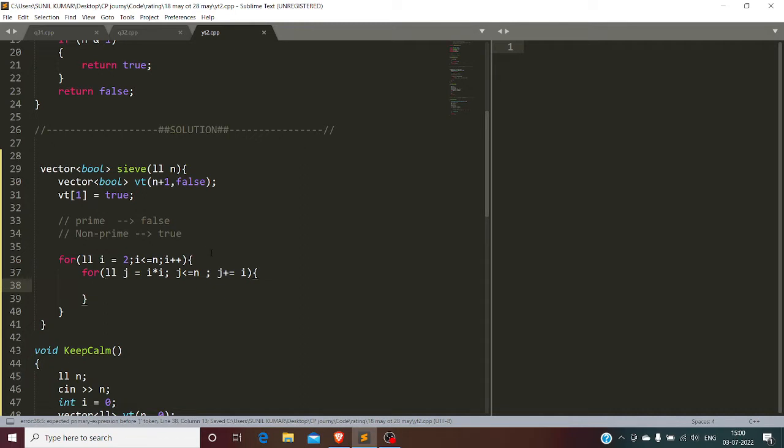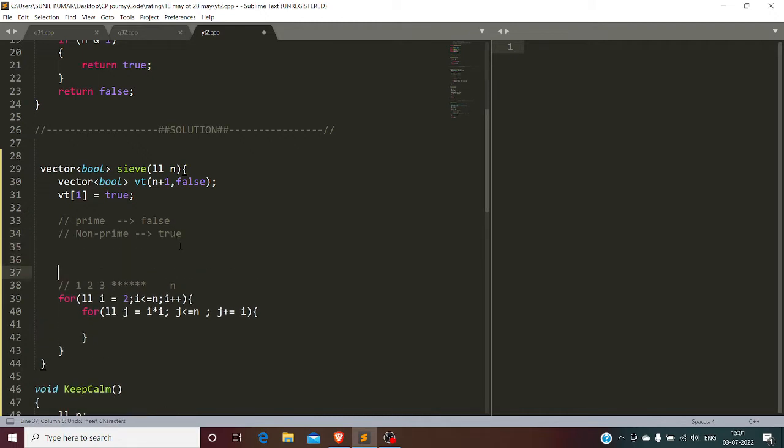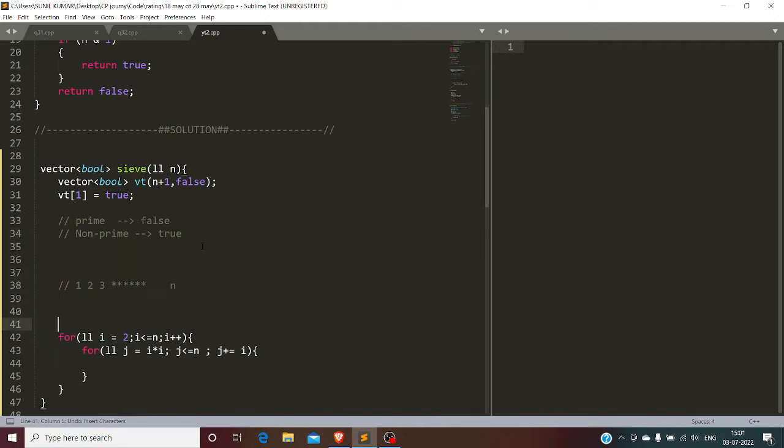So what we are doing is we initially set that all the numbers between 1 to n are prime, right? They all are prime. Now I'm coming onto an integer, like 1 is not a prime, so I deleted it from the vector, or you can say I made it true.